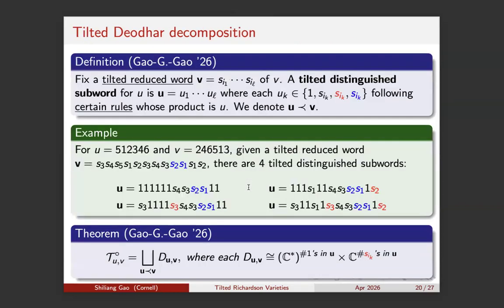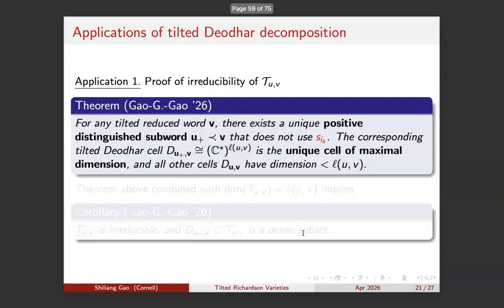Remember, it will be a cell of the form C star to the power of l_{uv}, where l_{uv} is really the dimension of our tilted Richardson variety, or in other words, the length of the shortest path from u to v in the quantum Bruhat graph.